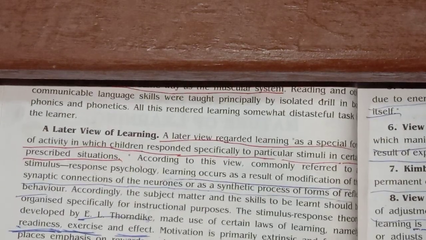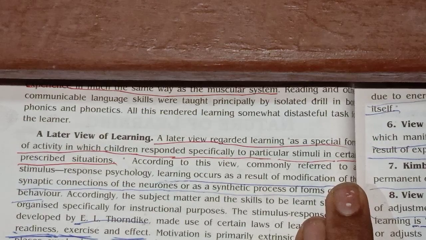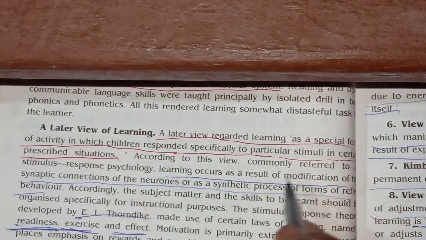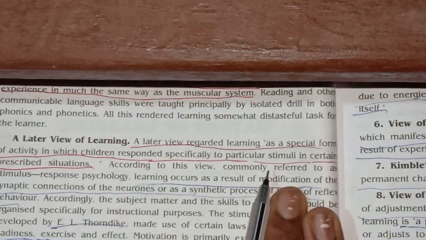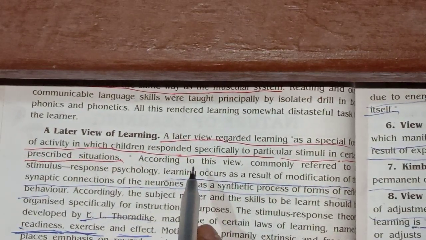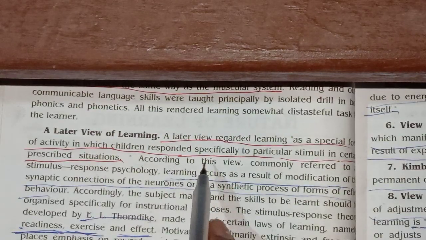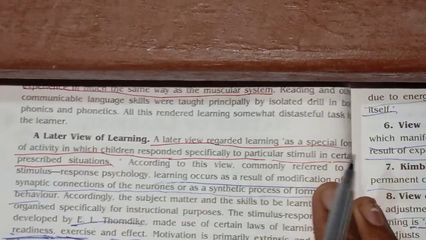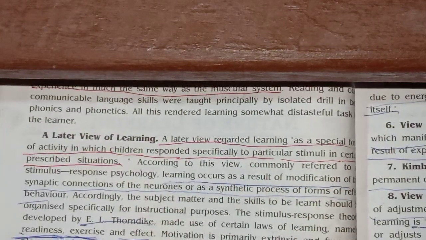And the later view of learning, what does it say? The later view of learning regarded learning as a spatial form of activity in which children responded spatially to particular stimuli in a certain prescribed situation.